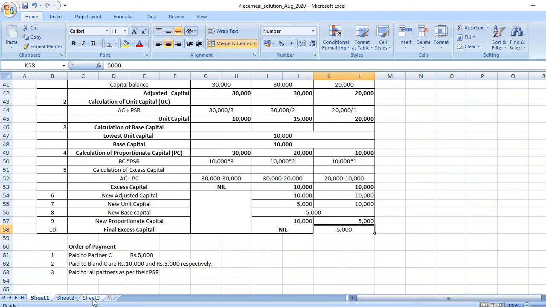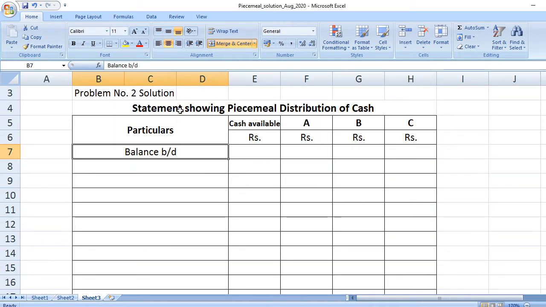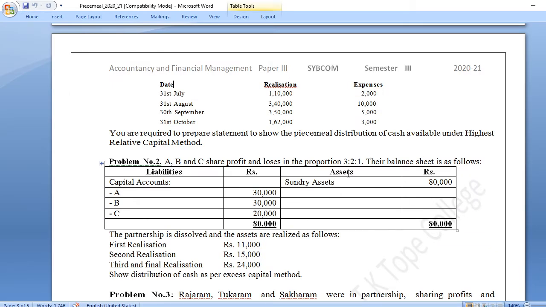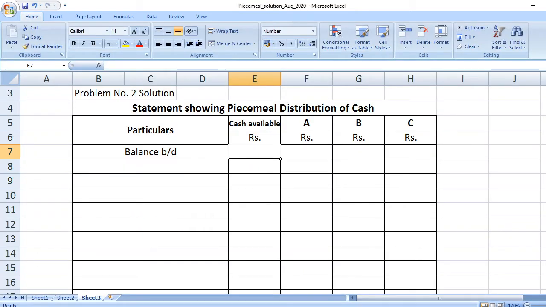Now let us discuss the important part, that is the statement showing the piecemeal distribution of cash. How will we draw it? First of all, particulars, cash available, partners A, B, C. Now if you see the cash available, on our asset side there is no cash, they have not provided any amount of cash, so cash is nil.